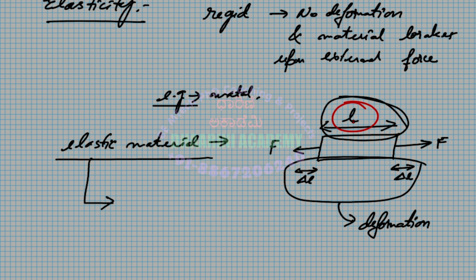In this case, it is L, so the delta L gets cancelled and you get your length back. The original shape of the material can be obtained in the case of an elastic material under some conditions, not always. If you apply a huge force, it will break, and after that you cannot. But within the limits, if you make the deforming force equal to zero, it will come back.